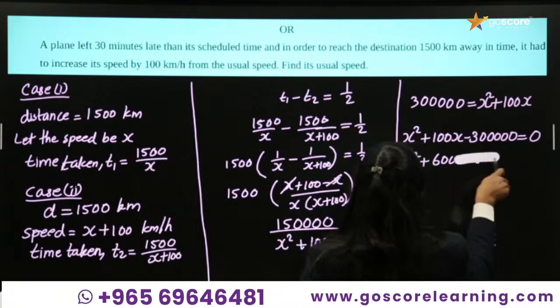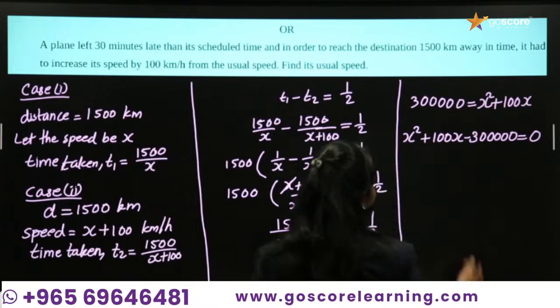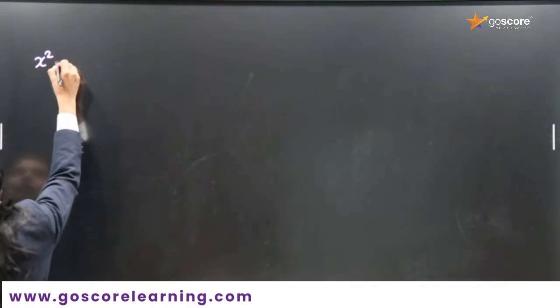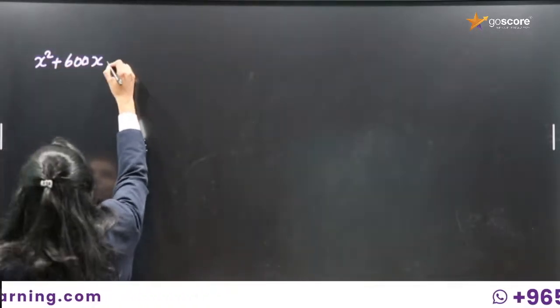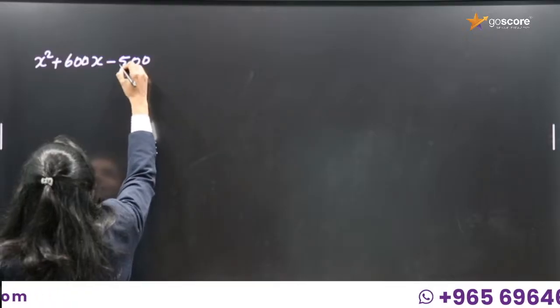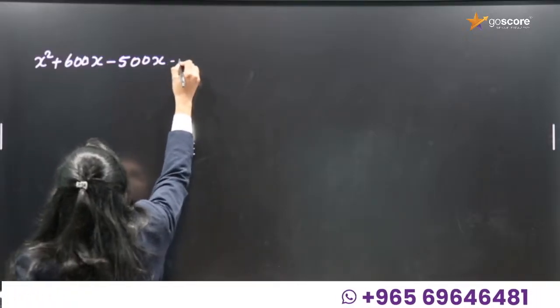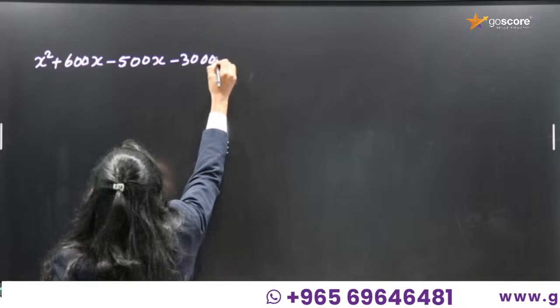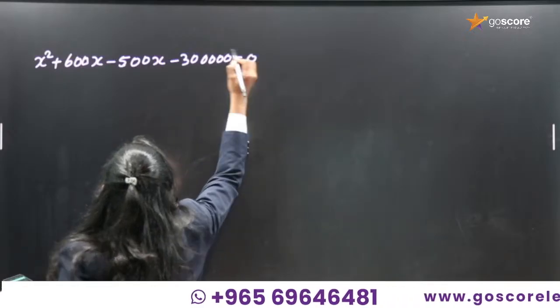I will write it on the next page, we don't have much space. So it is equal to x square plus 600x minus 500x minus 3 lakh equal to 0. This is the equation.